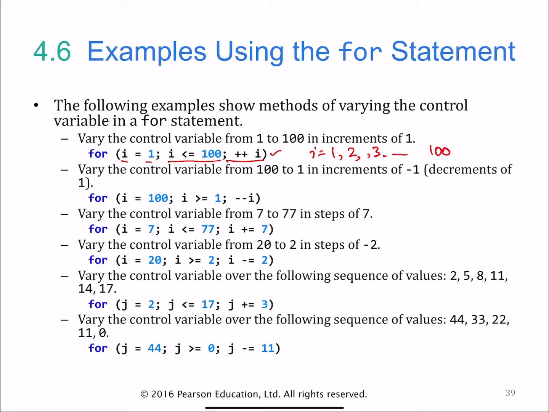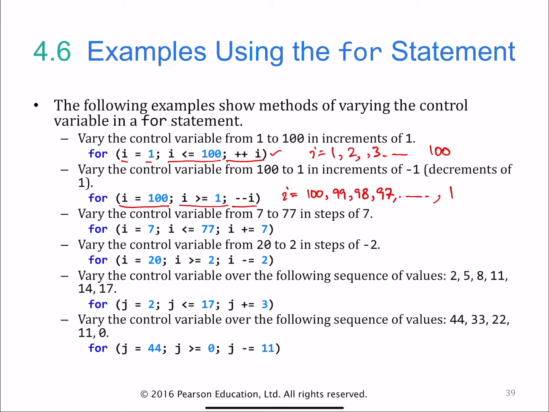So 100 iterations. The second example down here initializes I to 100. It will run as long as I is greater than or equal to 1, and it will decrement I, so subtract 1 from I after each iteration. So in this case, I will be 100 in the first iteration, then 99, 98, 97, until I reaches 1.